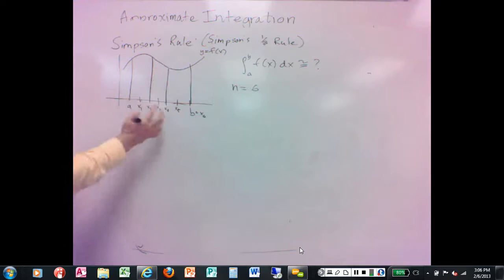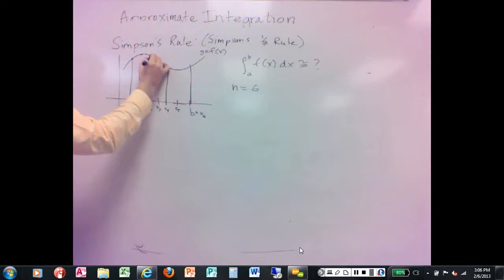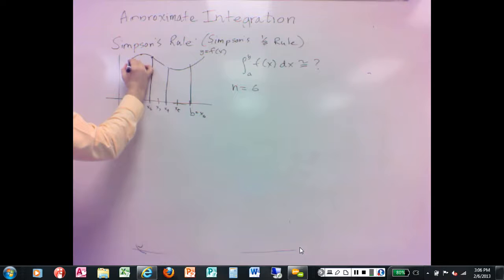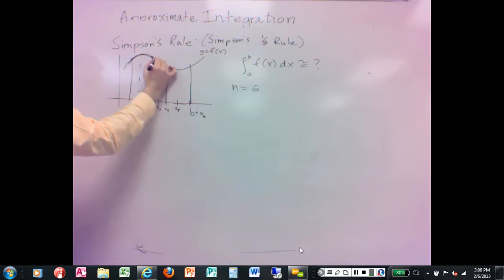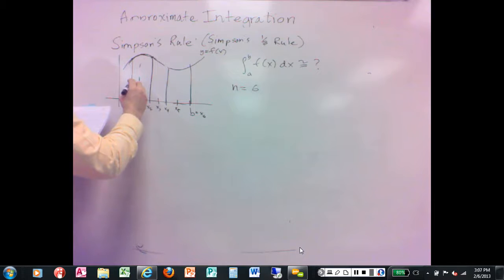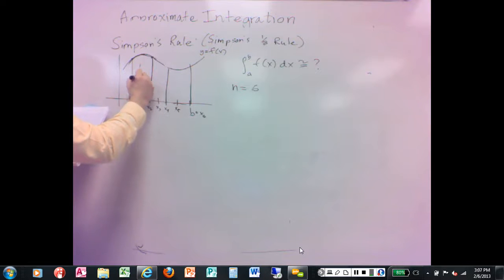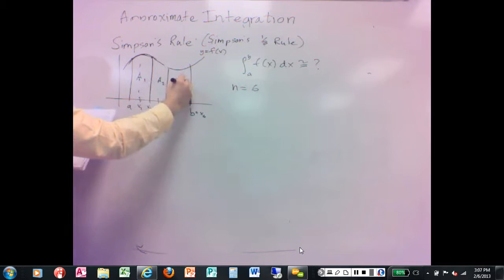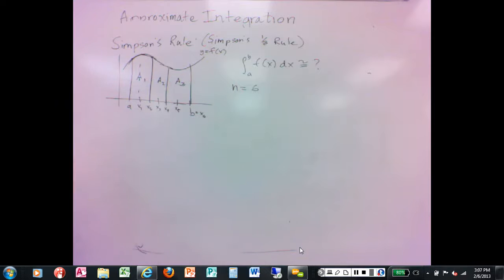So what we do is this point, along with this point, along with this point, that's going to determine a parabola, and they have a much better picture in the book. But that determines a parabola right here. And through a little bit of work, call this A1 right here, A2 and A3 for notational purposes.